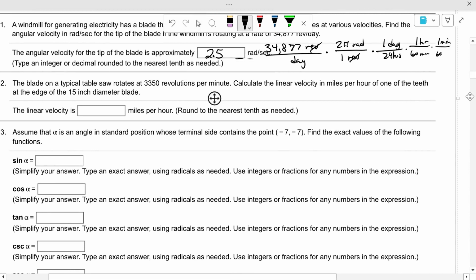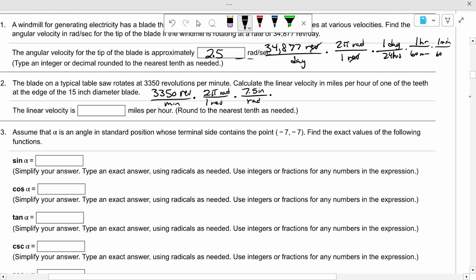Okay, saw blade. 3350 times, that's revolutions per minute. Should put on the label so I know what to cancel. Revolutions per minute, and I got to get to miles per hour. So I know there's 2 pi radians in 1 revolution times 15-inch diameter blade makes it 7.5 inches per radius, which cancels with radians.